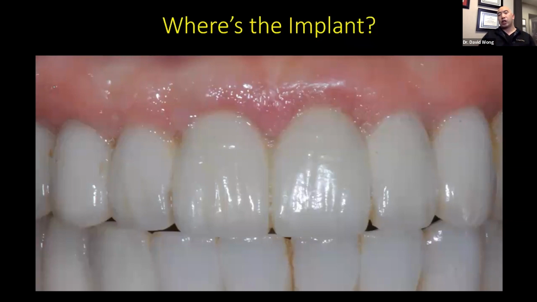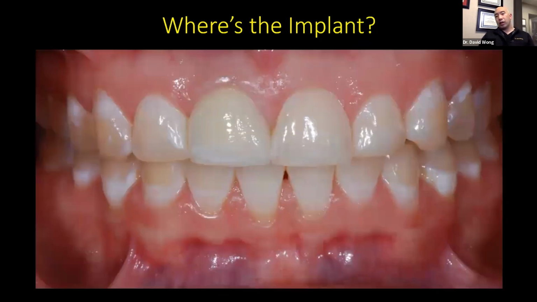How do we train the tissue and grow the bone to where we can place the implant where we want to place it? This one right here, where's the implant? It's tooth number 8. So once again, it doesn't matter if we're taking the tooth from start to finish, from an extraction to the graft to the implant to the restoration, or if we do it all in one appointment, if we stage it or do an immediate, the concepts and principles are going to be generally the same.